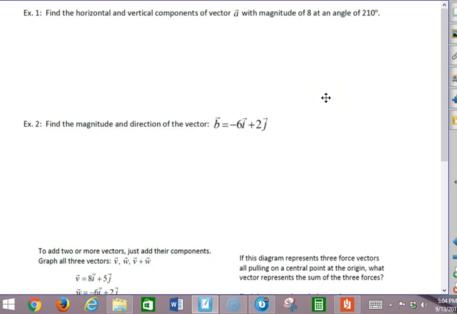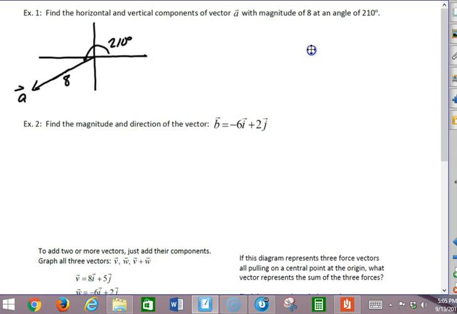Okay, so here's one example. I'm given the magnitude and the direction. I'm trying to find the components. We always start by drawing a picture of the vector we're given. So here's 210 degrees. Here's the length of the vector. So this is vector A right here.